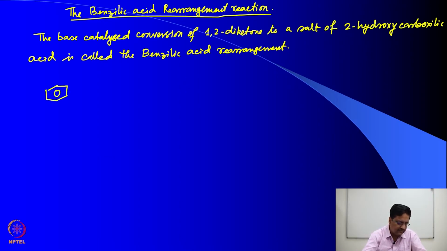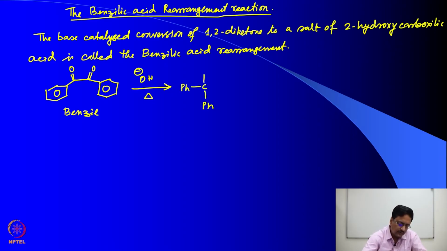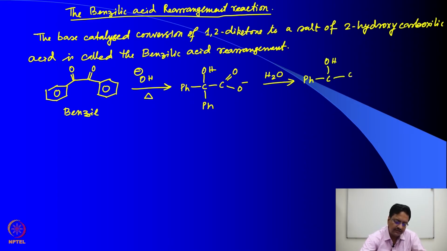What I am trying to draw here is benzyl, which when treated with a strong base at higher temperature gives a carboxylate like this, which then, by treating with water, forms this alpha hydroxy carboxylic acid, which is called benzylic acid.